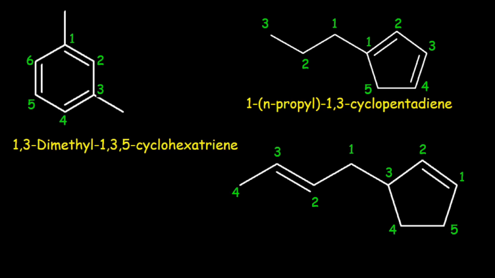In this case, this is a 4 carbon chain, and at the second carbon of the substituent, there is a double bond. 4 carbon means it is like butyl, but this is not a butyl group, but a butenyl group, because at the second carbon there is a double bond, so you have to replace the yl of butyl with enyl, right?